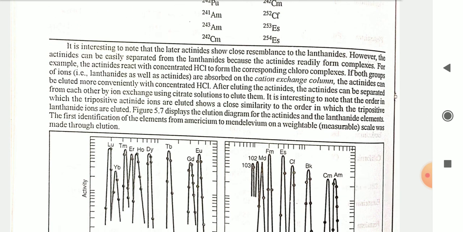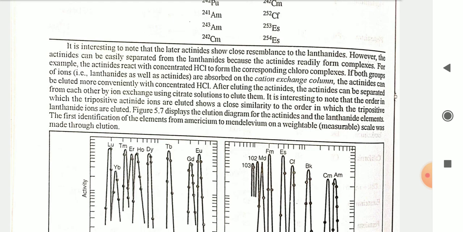However, the actinides can be easily separated from the lanthanides because the actinides readily form complexes. For example, the actinides react with concentrated HCl to form the corresponding chlorocomplex. If both groups of ions are absorbed on a cation exchange column, the actinides can be eluted more conveniently with concentrated HCl.